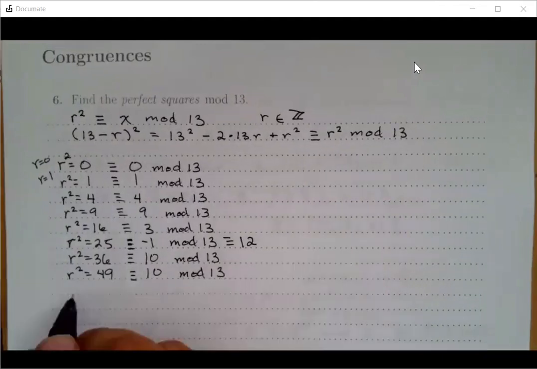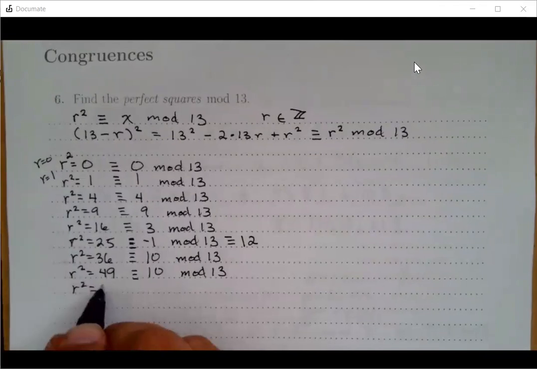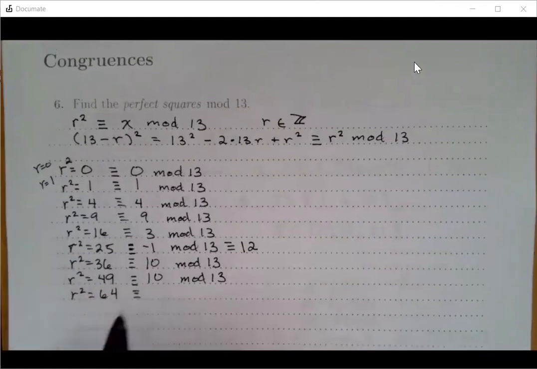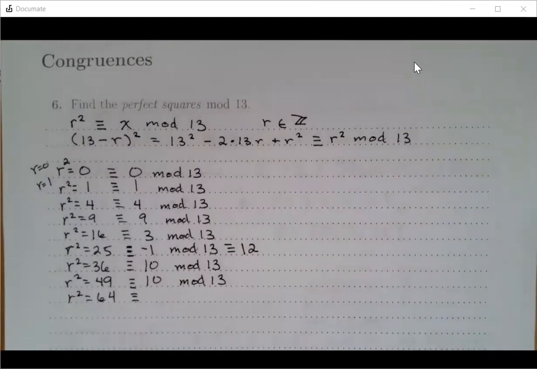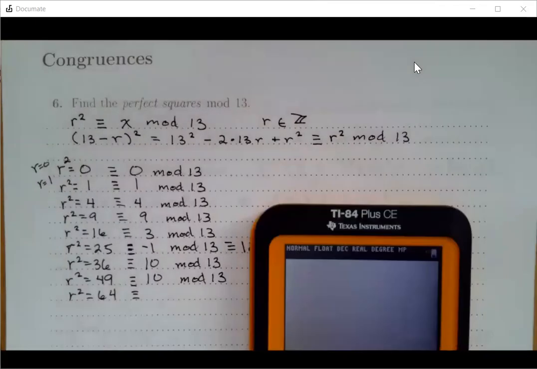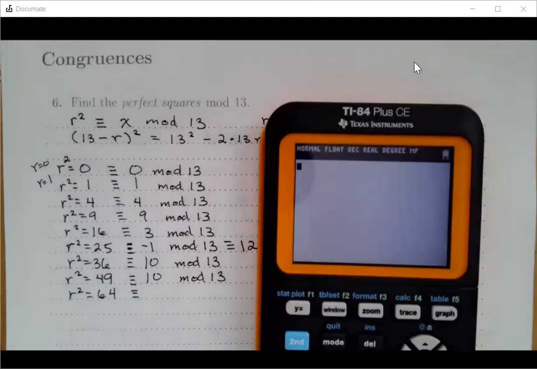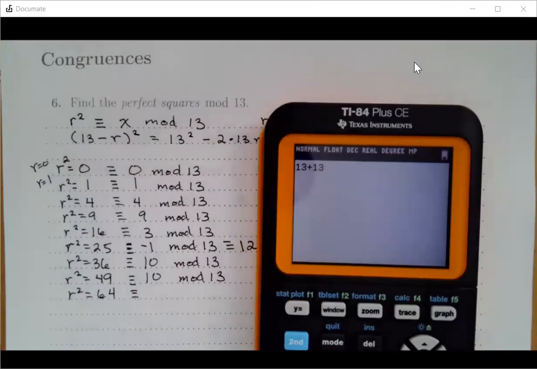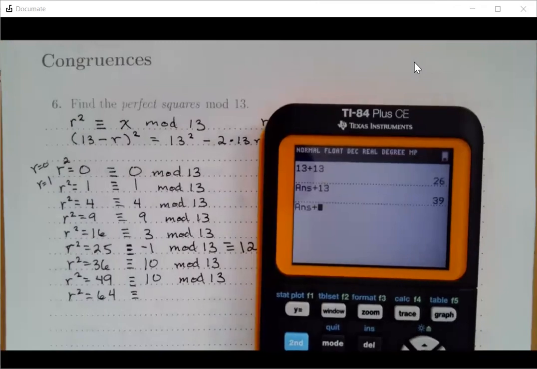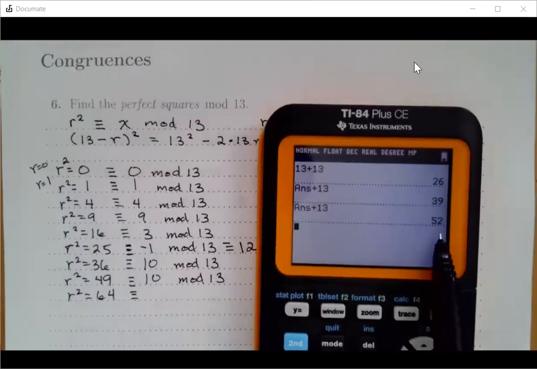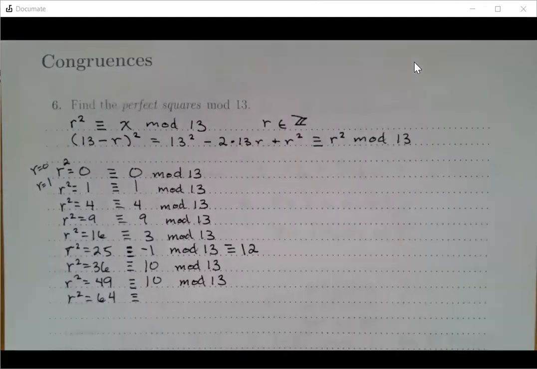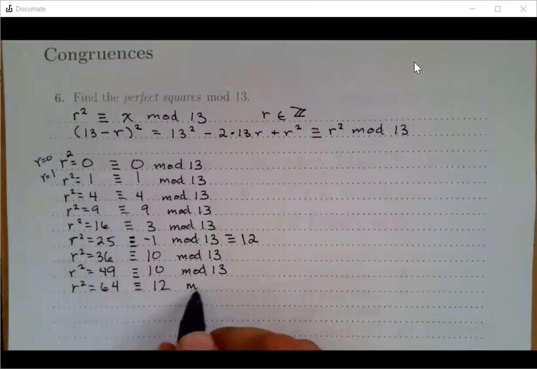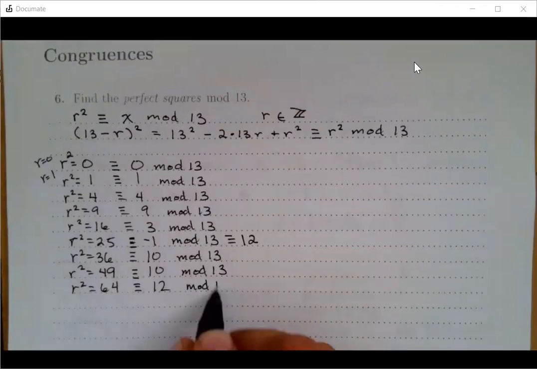And if r squared were equal to 64, thinking about multiples of 13, we have 13 plus 13 plus 13 is 39, and another 13 is 52. 64 is 12 more than 52, so this would be 12 mod 13.